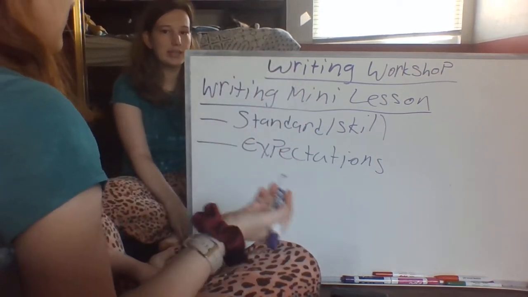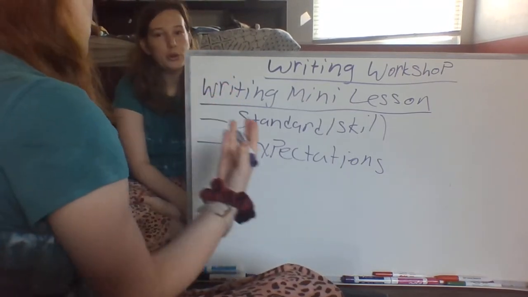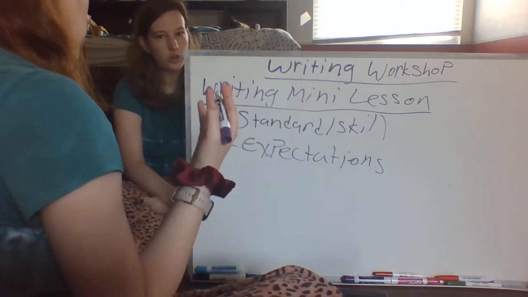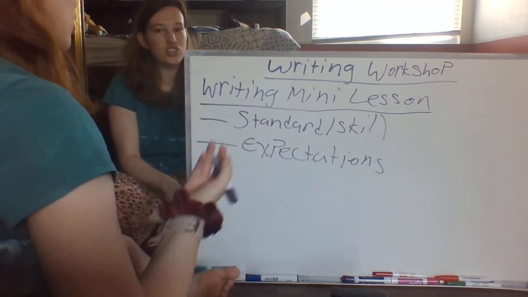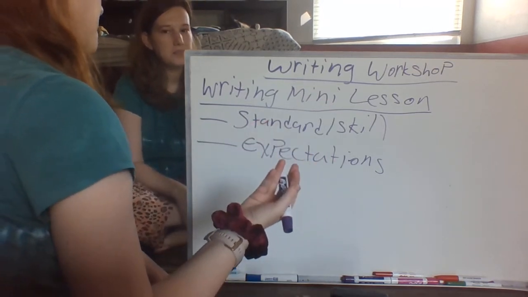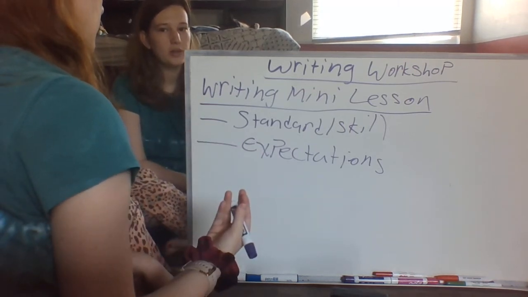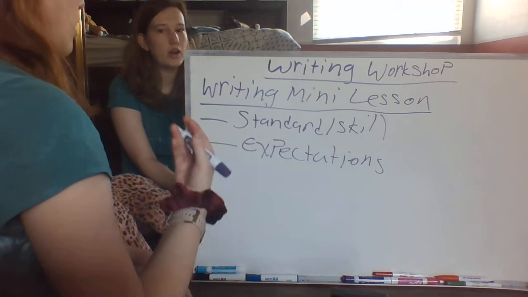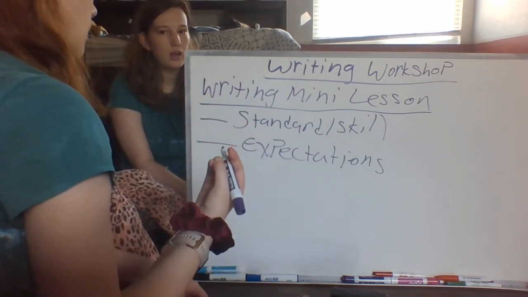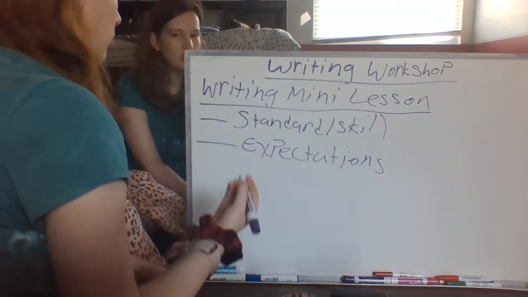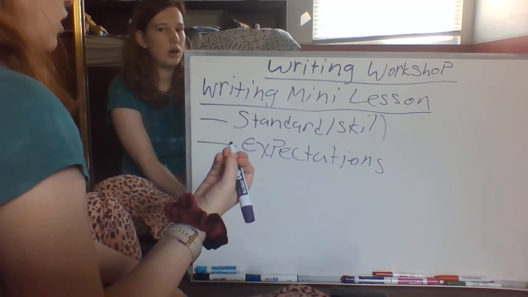The objective of the lesson is, or I expect students to be able to put a period at the end of a sentence, or to have some sort of punctuation mark at the end of a sentence, or students are going to be able to capitalize the beginning of each sentence, or students are going to be able to incorporate dialogue into their written work.